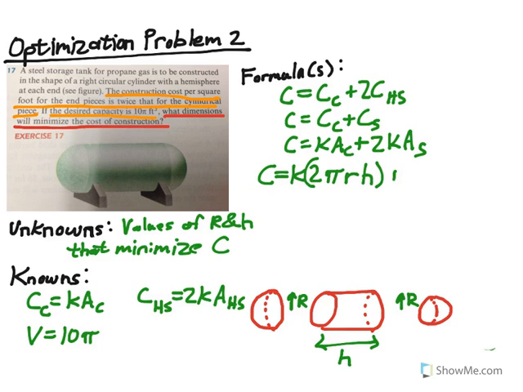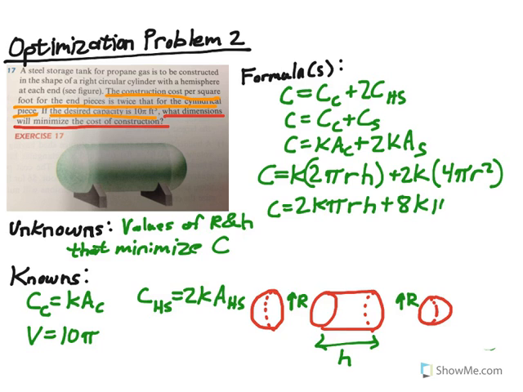And the area of a sphere is going to be 4 pi r squared. All right, a little bit of cleanup work here. Cost is equal to 2 times k times pi times r times h plus 8 times k times pi times r squared.